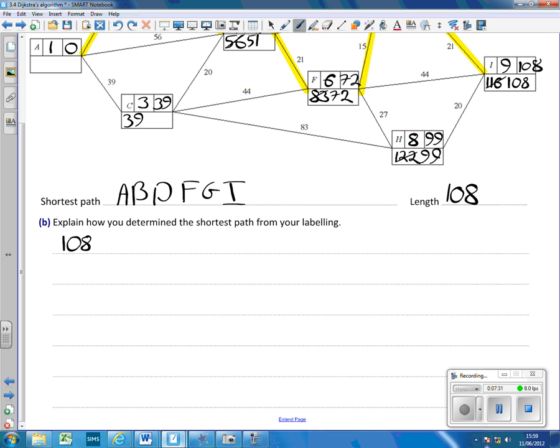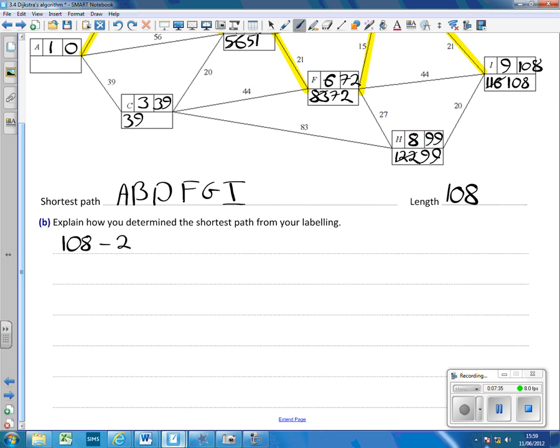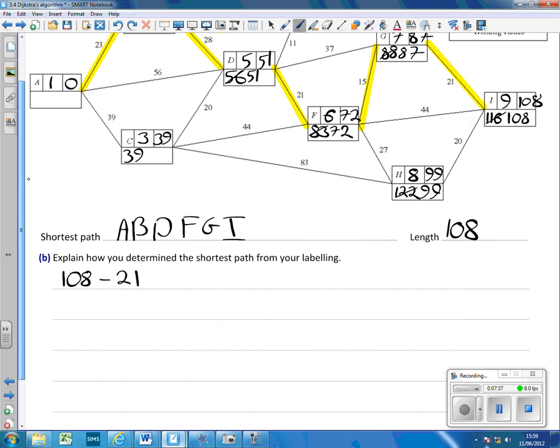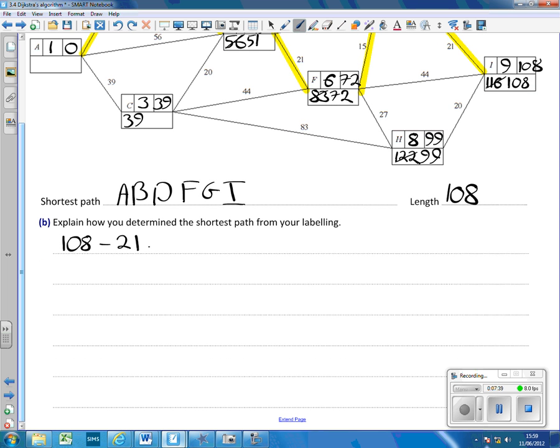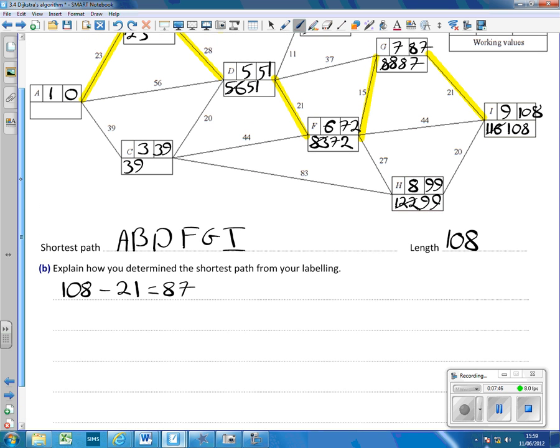If you start with 108 and you minus back 21, then that gives you the 87. So then we can conclude that GI is in the solution. I'm just going to take a photo of what's above.